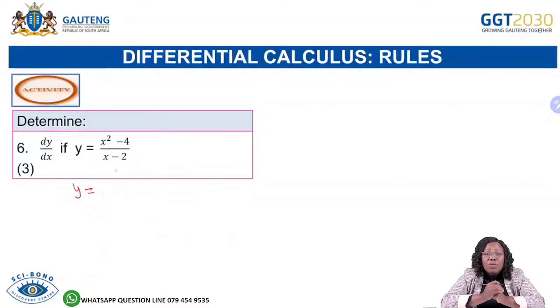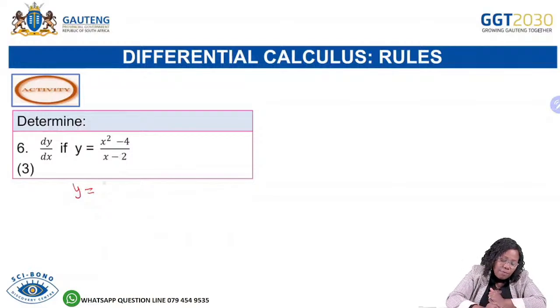So in this case, where we are having more than 1 term in the denominator, there must be some factorization involved there. That means now if you look at the top, you can see that you have factorization of a difference of 2 squares. Therefore, we will be having brackets of a difference of 2 squares, of which is x. We are having 2 x's here. We will be sharing them equally.